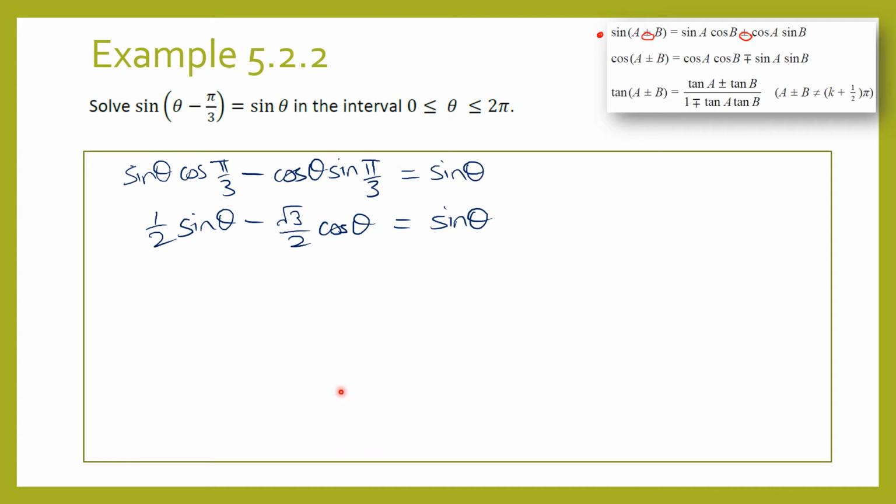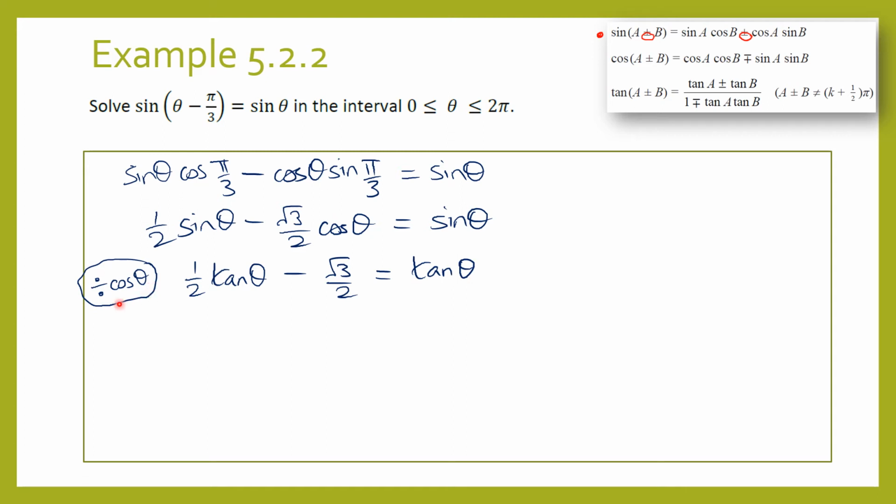We're going to divide the whole equation by cos theta. That's what we're going to do. So pause the video and try and do that. Okay, I hope this is what you got. Half tan theta, take away root 3 over 2 equals tan theta.